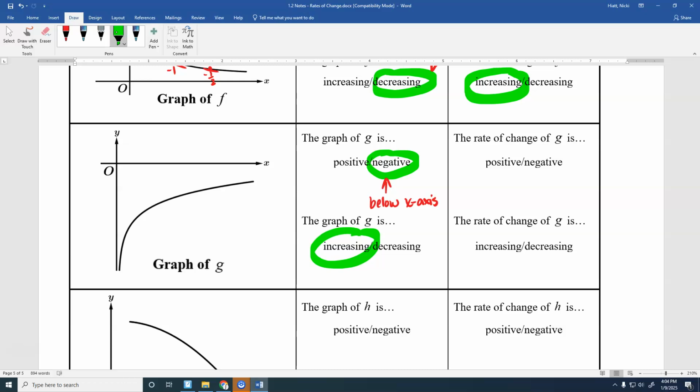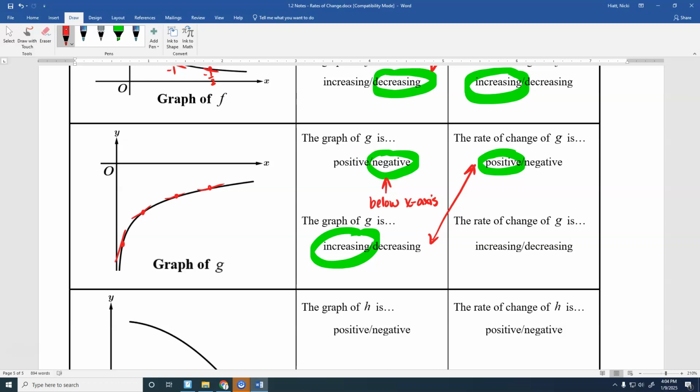Now when we talk about rate of change, remember we're not talking about the graph that we're looking at. Since these two right here are connected, if my graph is increasing, then my rate of change is going to be positive here. That means if I draw in all these little tangent lines here, the slope of those tangent lines are all positive.